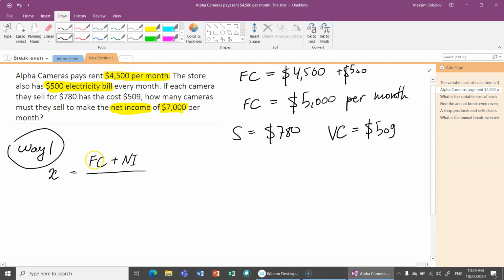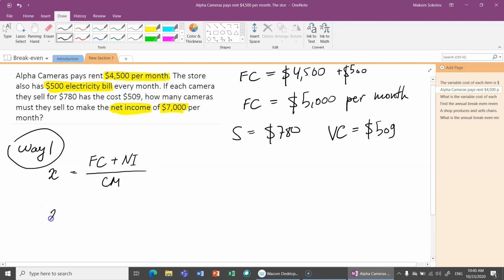So fixed costs and net income together must be paid by selling those items. Therefore, you need to divide the sum of fixed cost and net income by contribution margin, right? So this formula is actually very simple to understand. You're asking how many times contribution margin fits into fixed cost and net income together.